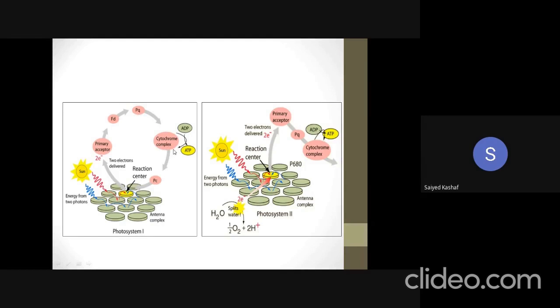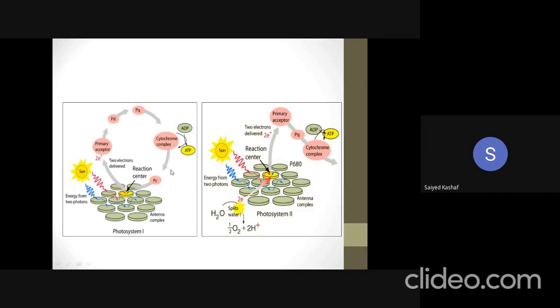This cytochrome complex uses that energy to produce ATP in the presence of ATP synthase, and by combining ADP with one inorganic phosphate, it forms ATP, that is the energy rich compound.